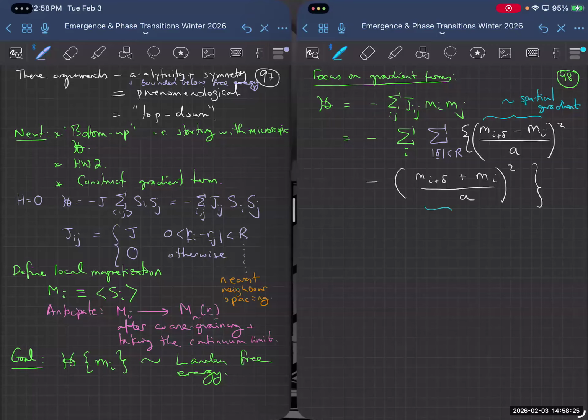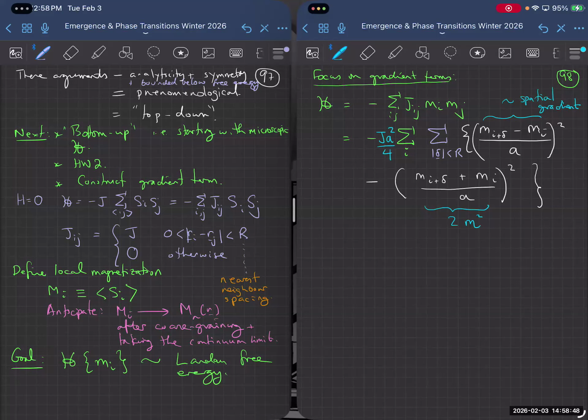This thing over here is roughly speaking 2m squared, because m_{i+delta} plus m_i, if delta is very close to i, is just twice m_i. And then to normalize this, I have to write this down as J a squared over 4. The a squared is there because of dimensional analysis.